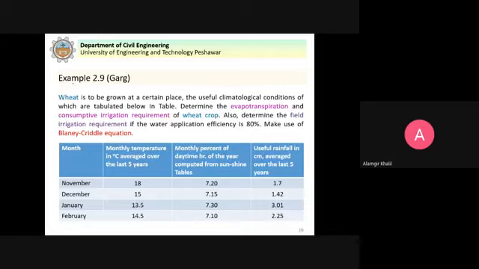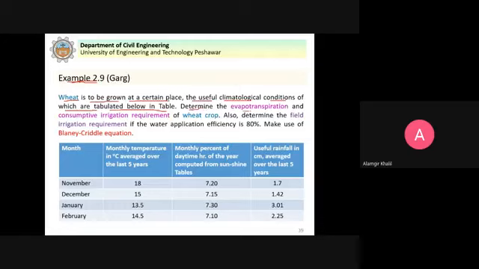We have this problem 2.9 from the book by Garg. Wheat is to be grown at a certain place, the useful climatological conditions of which are tabulated below in the table.